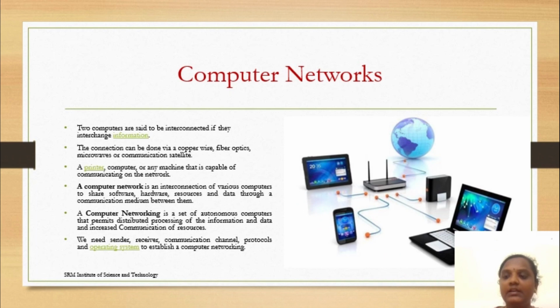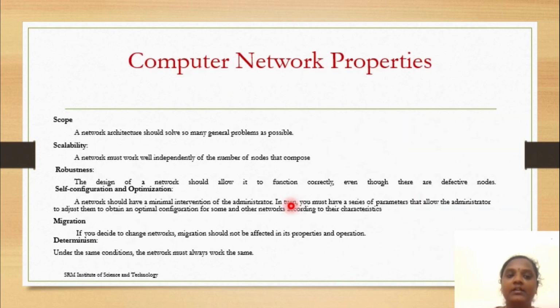Okay, and the next thing: what are the major properties of a computer network? Just imagine that you have an internet connection in your house. As a network administrator, what is your expectation? What will you expect in your home? First thing, scope.